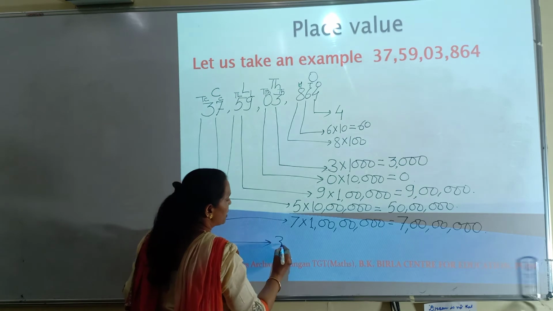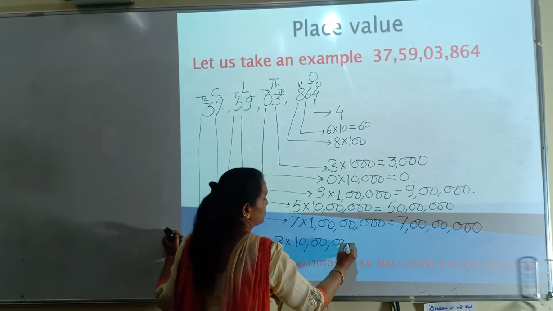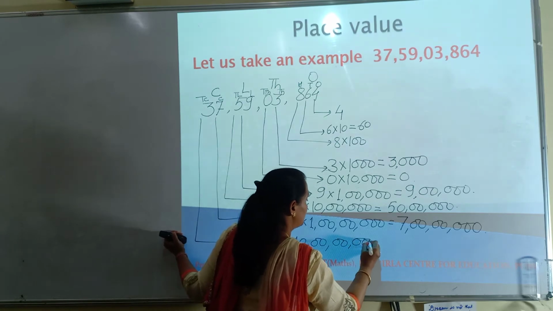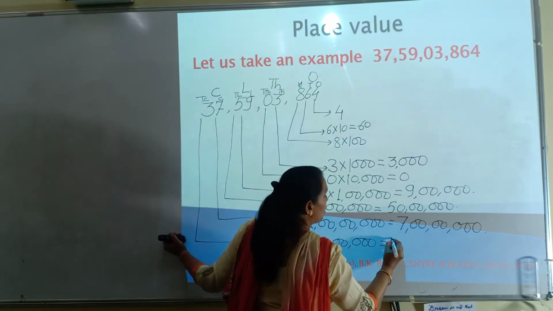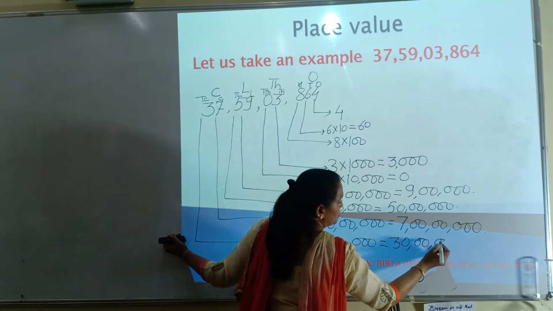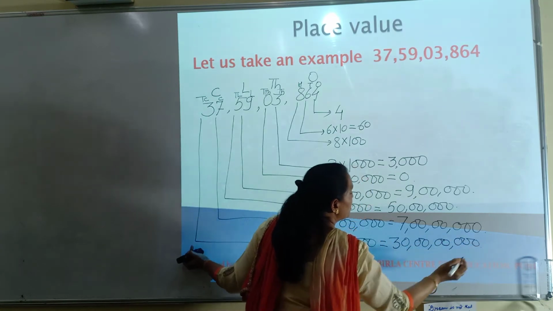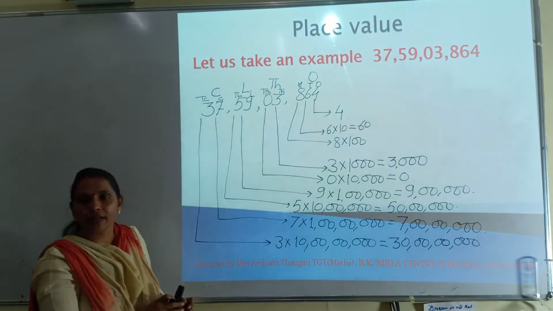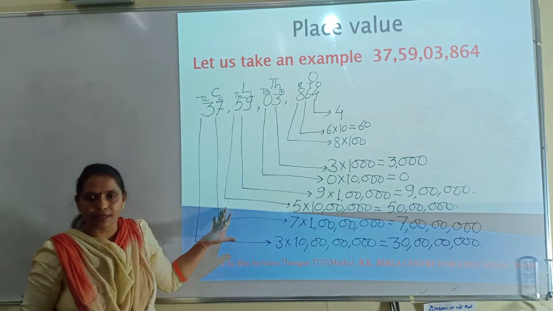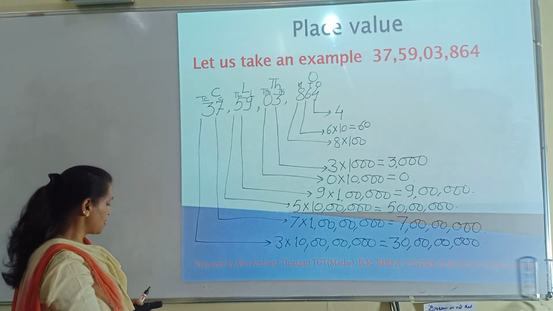So, 3 multiplied by 10 crore. So, it is 30 crore. So, this is the way we have to write the place value of each digit. Hope you understood how to find the place value of each digit.